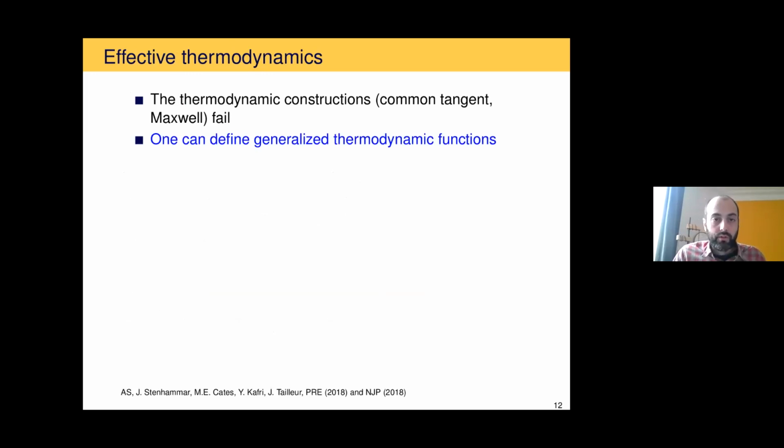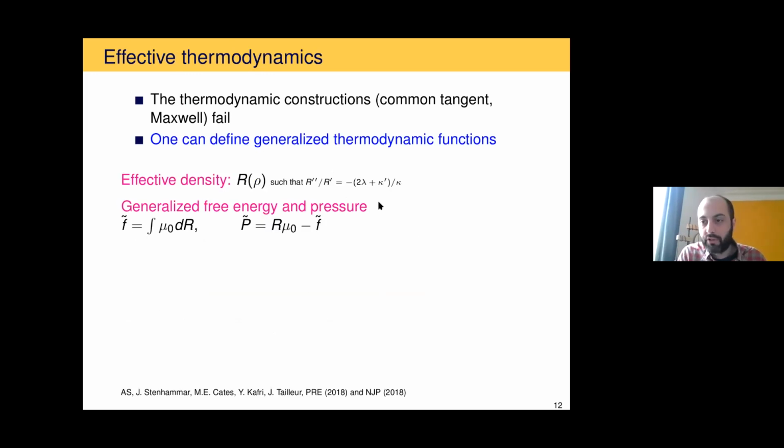But what we found out is that you can define generalized thermodynamic functions by doing a kind of change of variable and introducing an effective density, this R, that's a mapping to the real density rho. And it's defined as a solution of this equation that involves the interfacial term. So with this R, you can define a generalized free energy and pressure in the usual way, except that you have replaced the density.